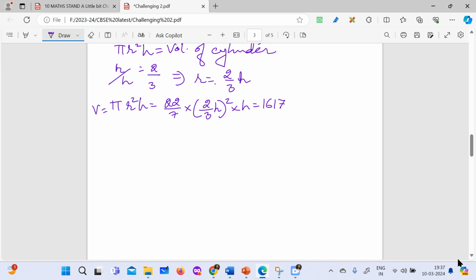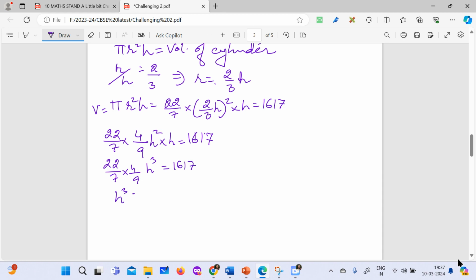Now you see, we will get here 22 over 7 times 4 over 9 h square into h equals 1617. And now we have here 22 over 7 times 4 over 9 and h cube equals 1617. So we need to find the cube root.